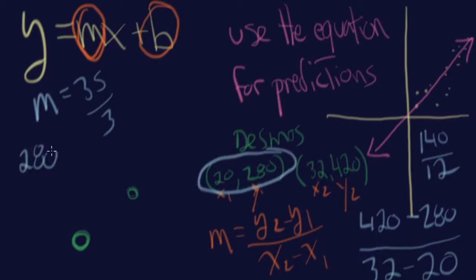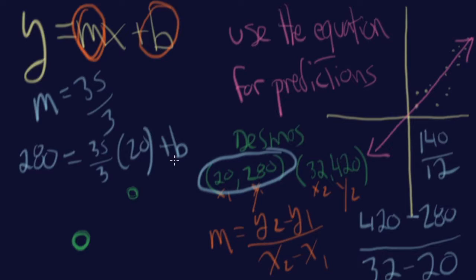So 280 is equal to m, which we just figured out is 35 over 3, times x, which is 20, and then plus b. Okay, so I'm going to use my calculator and figure all of that out.